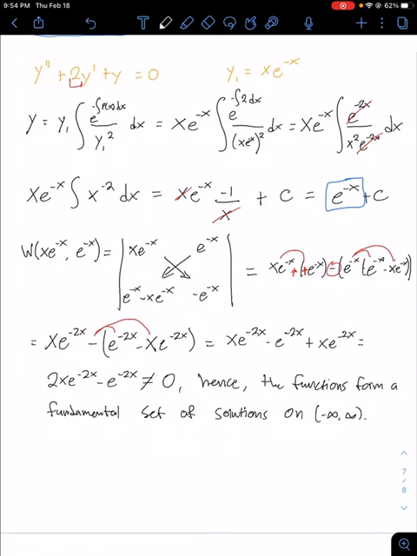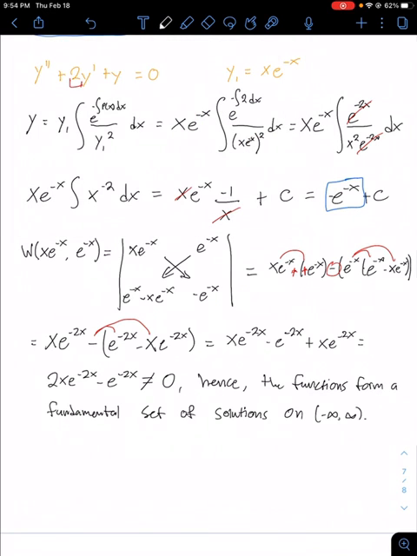And so it's x e to the minus x times the integral of x to the minus 2, which is x to the minus 1 over minus 1, which is negative. Yeah, that's what it was. I didn't put the minus sign there.